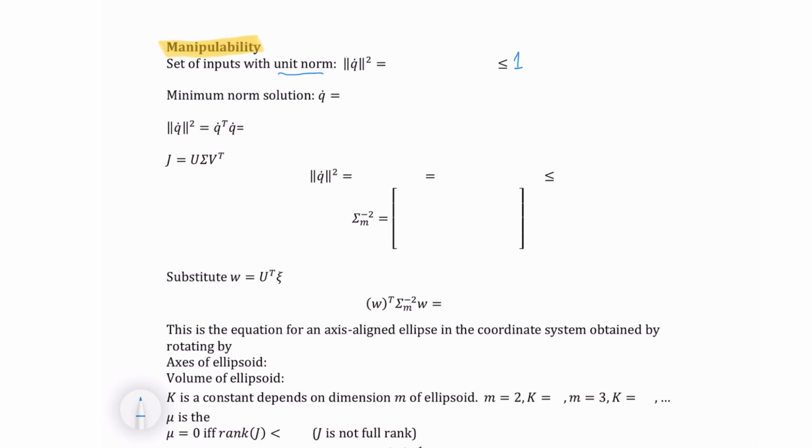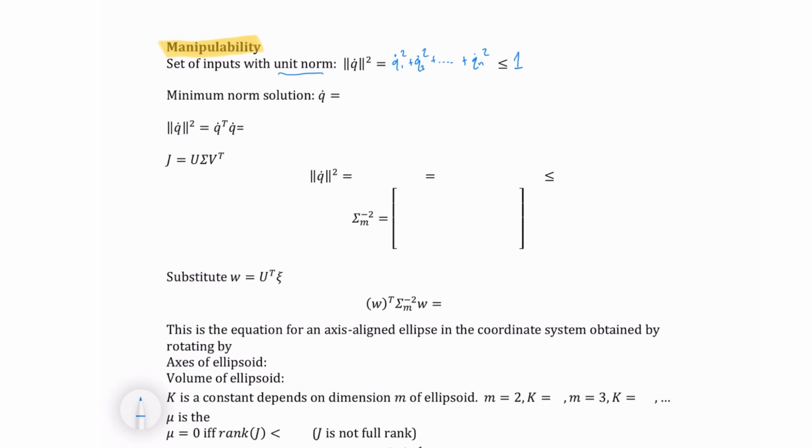Just to remind us what that looks like, that means I could take all of my components here, q1 dot, I could square that, plus q2 dot, and I could square that. I could go all the way to my qn dot, because I've got n degrees of freedom. And I square all those, it's going to be less than or equal to 1. I don't have to take the square root because I'm picking this unit norm.